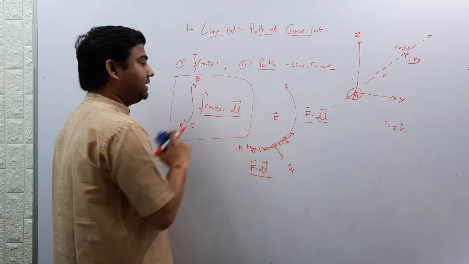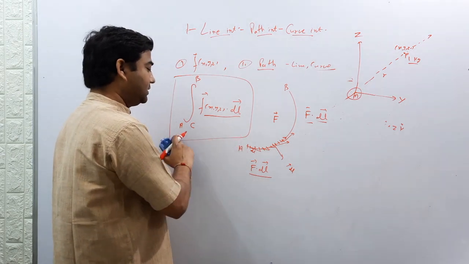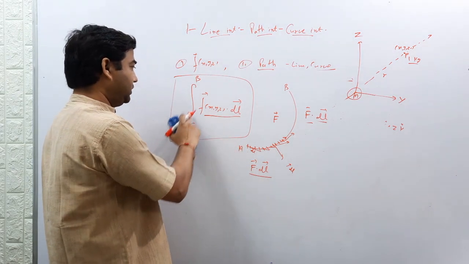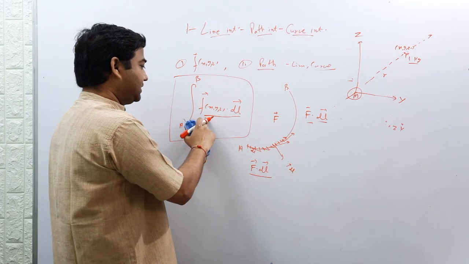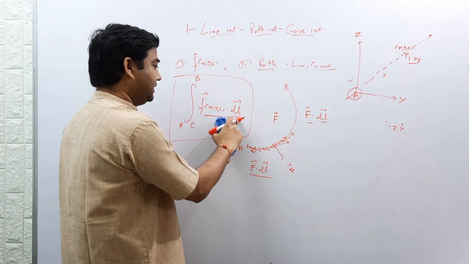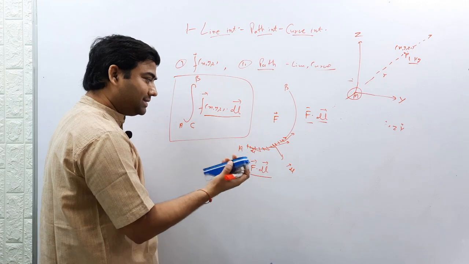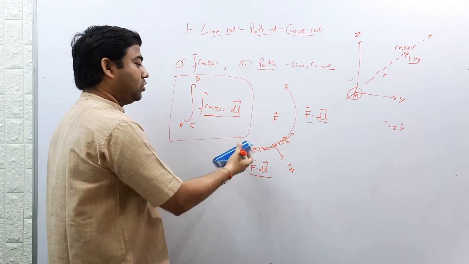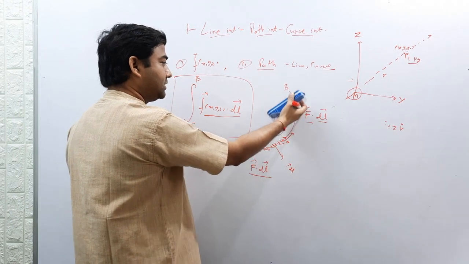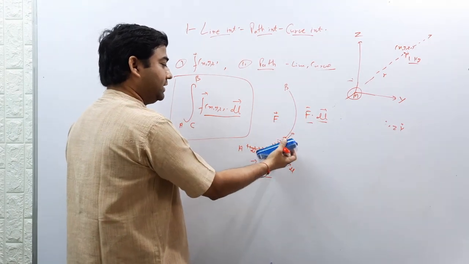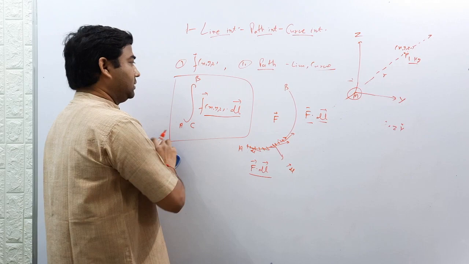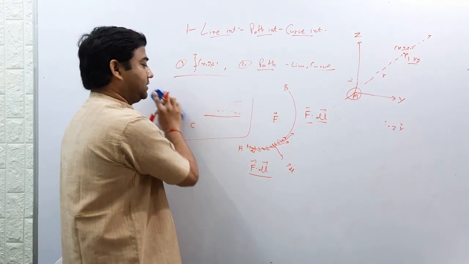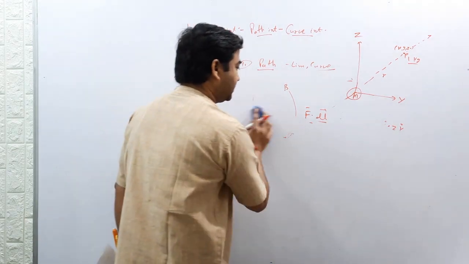So this is line integration, path integration, curve integration from point A to B, with vector field F and dl the small segment displacement vector along this line. All these small dot products along A to B between F and dl you have to add. That is the definition of line integration.